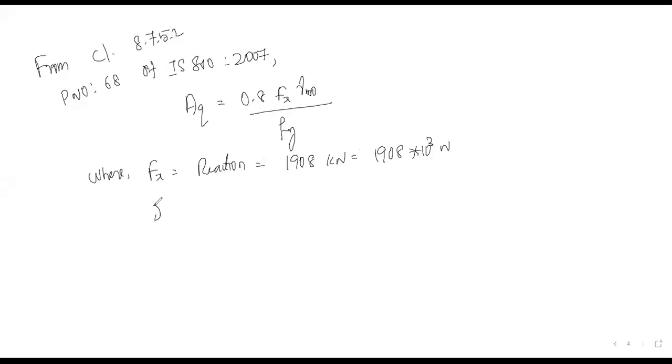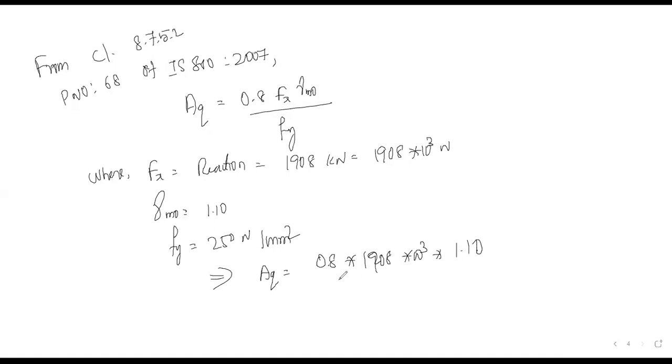The gamma m naught value is from table 5, which is 1.10, and Fy is 250 Newton per mm square, as given. If I substitute these values, we get the required area for the stiffener as 6716.16 mm square.